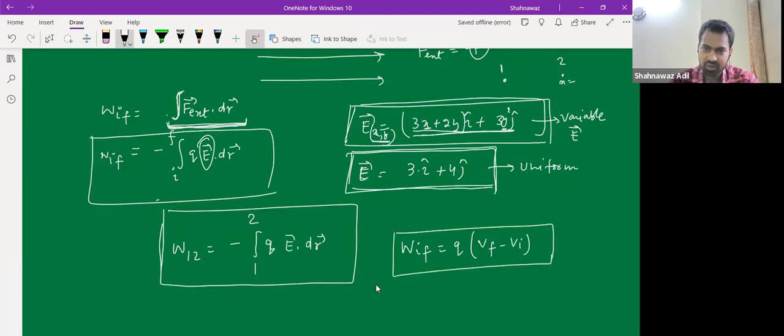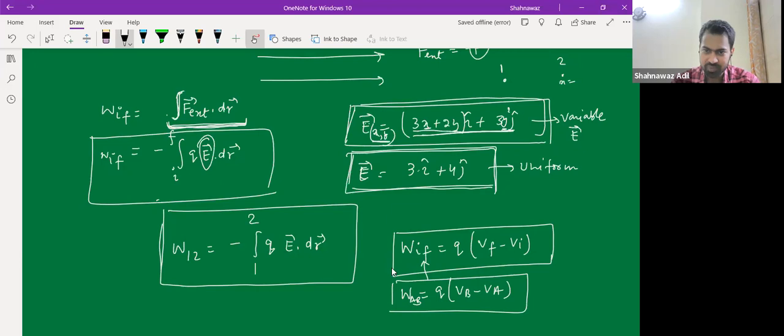Now, could you repeat? Yeah. So we know the work done with respect to potential is simply Q (VB minus VA), right? This we know. So that is what I have written here. In place of AB, I have written initial, final. In this way, we can understand it more properly.